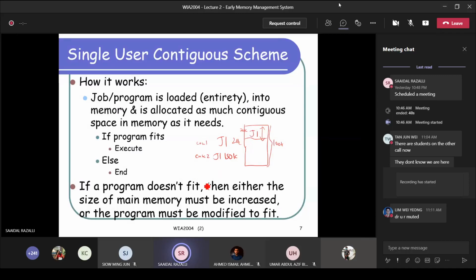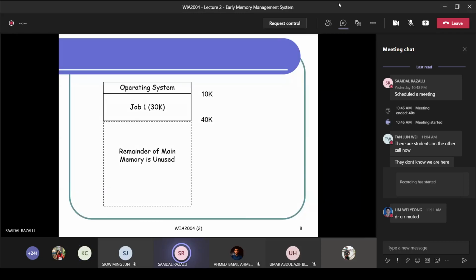If a program doesn't fit, then either the size of memory must be increased or the program must be modified. That's the only solution. So here you have the operating system and job 1 at 30K, with the remainder free. Any job must wait for job 1 to finish first, regardless of how small or big job 1 is. So the remainder of memory is unused, which is wasted and not efficient memory management.